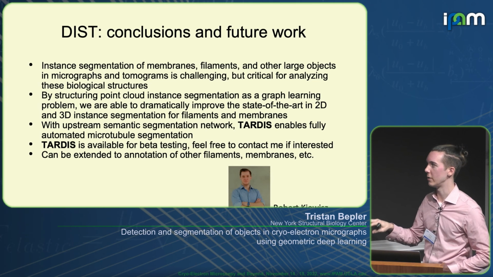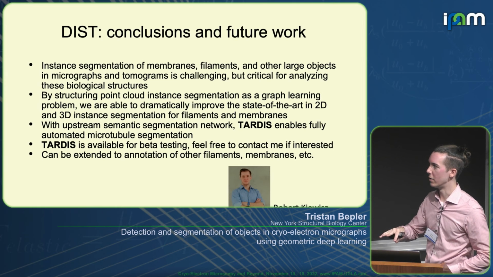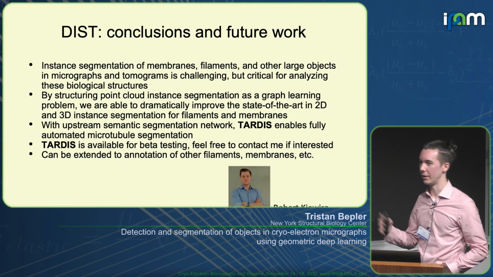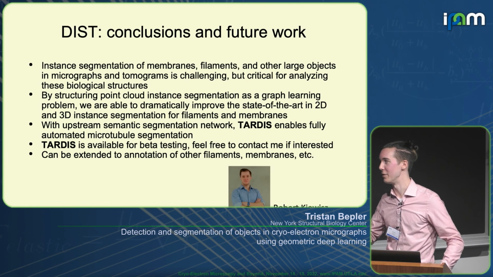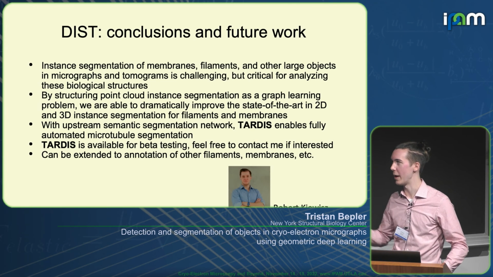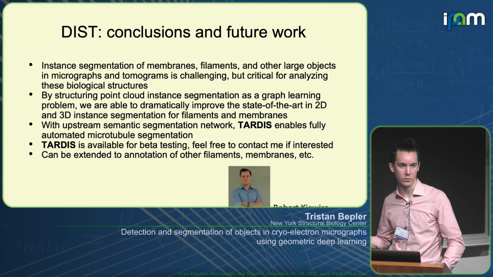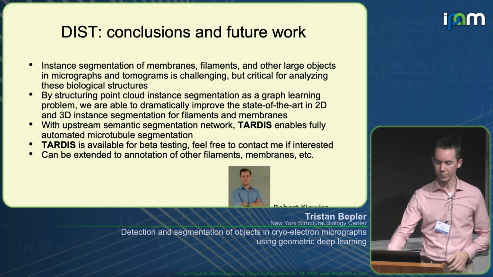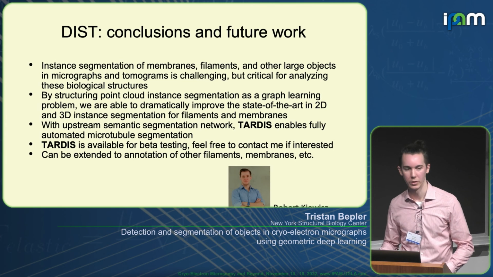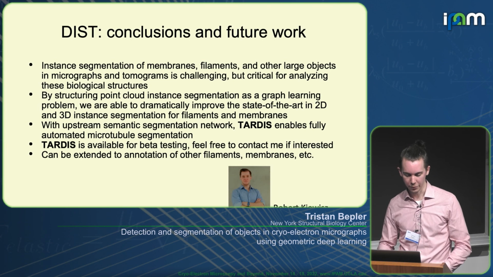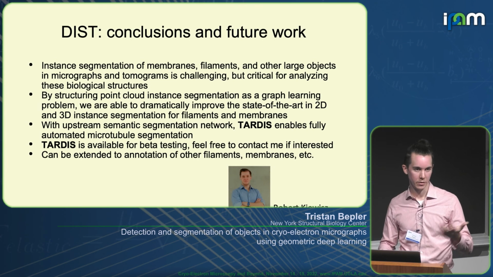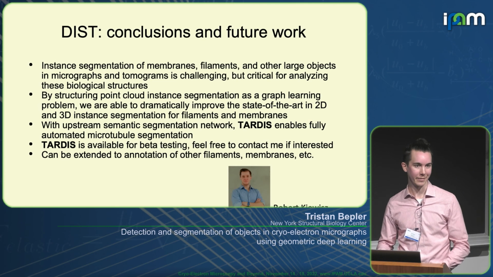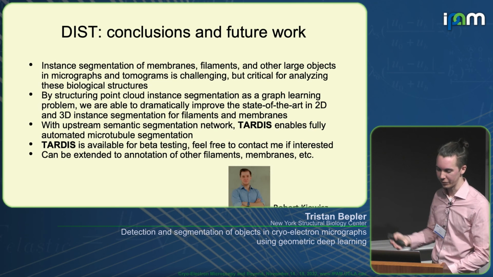By structuring this as a graph learning problem with our translation and rotation invariant network, we're able to dramatically outperform the state of the art in 2D and 3D instance segmentation. We've now built this into a complete framework for microtubule analysis, but we're planning to extend this to other things like membranes and organelles and other filaments.